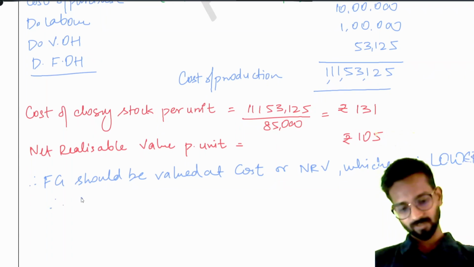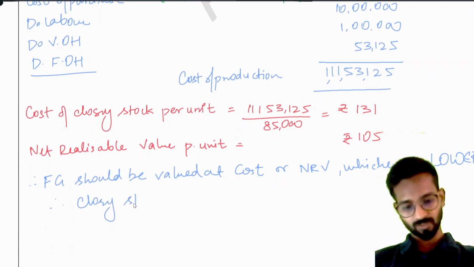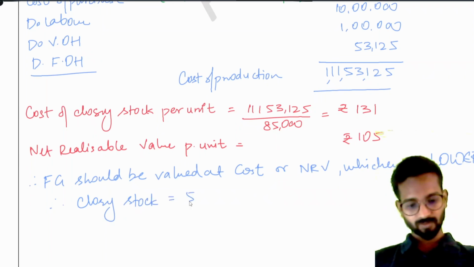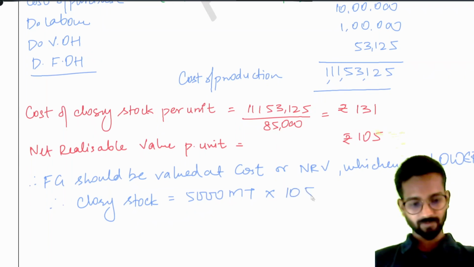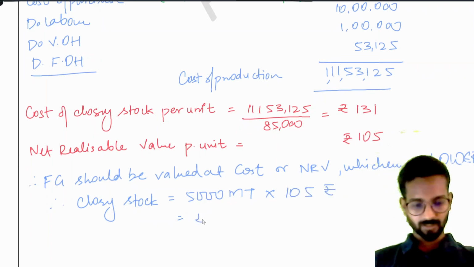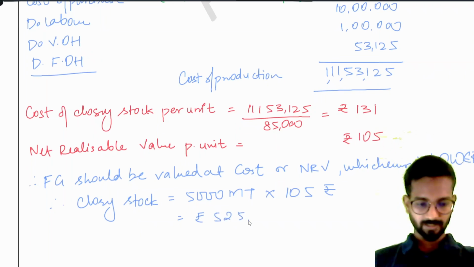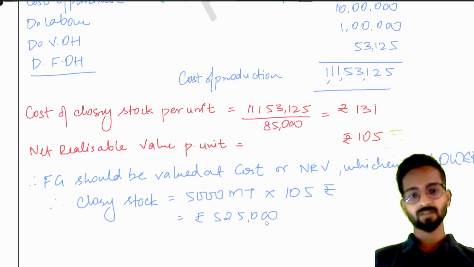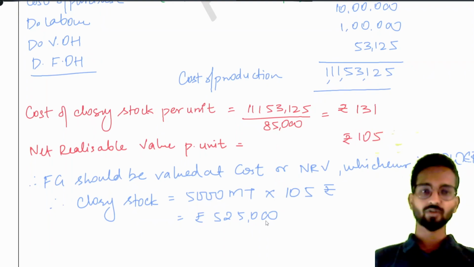Now therefore closing stock is equal to 5,000 metric ton multiply 105 rupees. Simple, understood. That will give you around rupees 5,25,000. This is our value of closing stock.